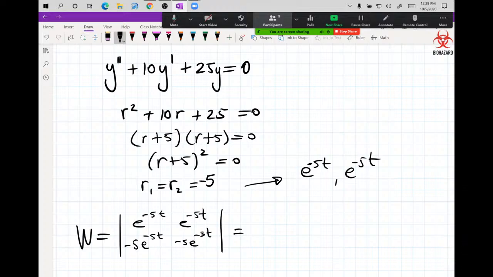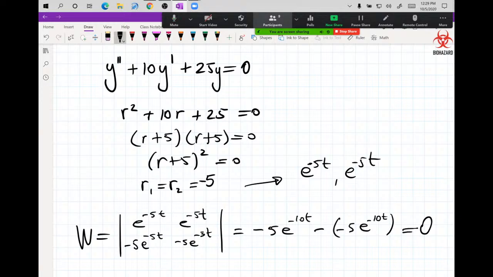So multiply this way, you get -5. When you multiply this way, e to the -10t, and then minus another -5 e to the -10t. Minus and minus make a plus, and it's a 0. So we cannot have these two to be the solution.